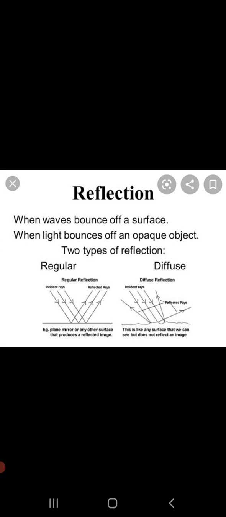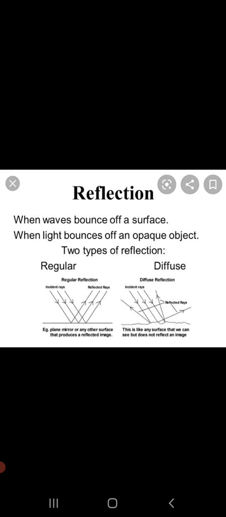Now based on this reflection type, reflecting surfaces, we can categorize reflection into two types: regular reflection and diffuse reflection. Now we will go ahead and study one by one regular reflection and diffuse reflection.